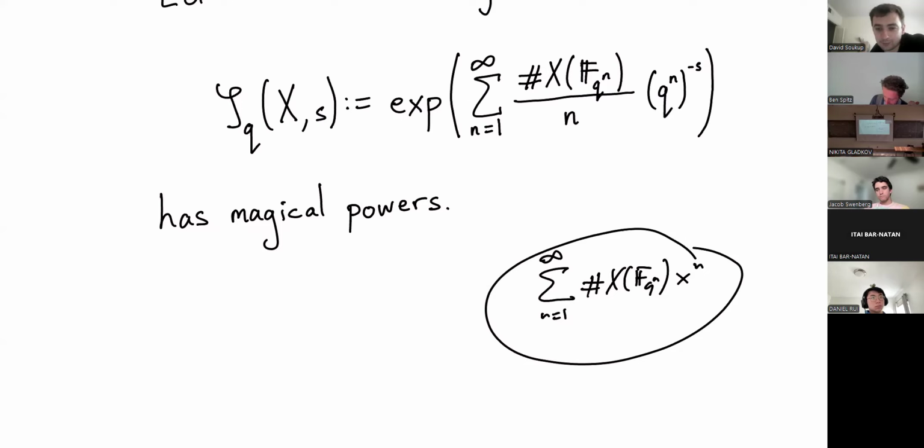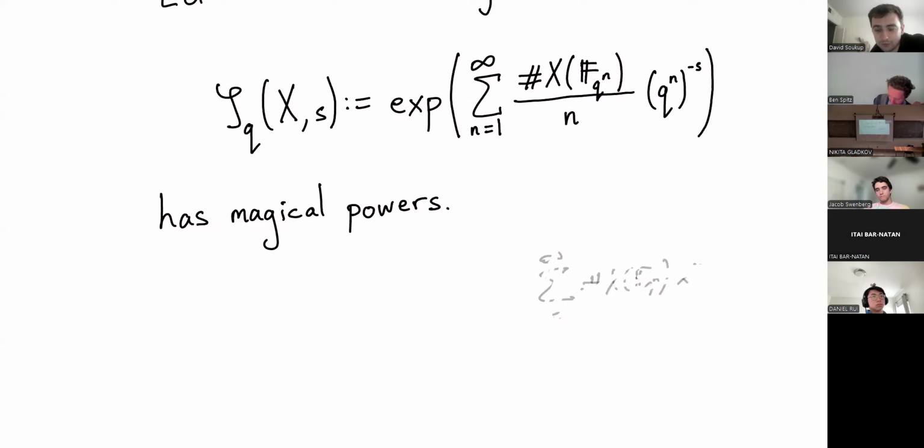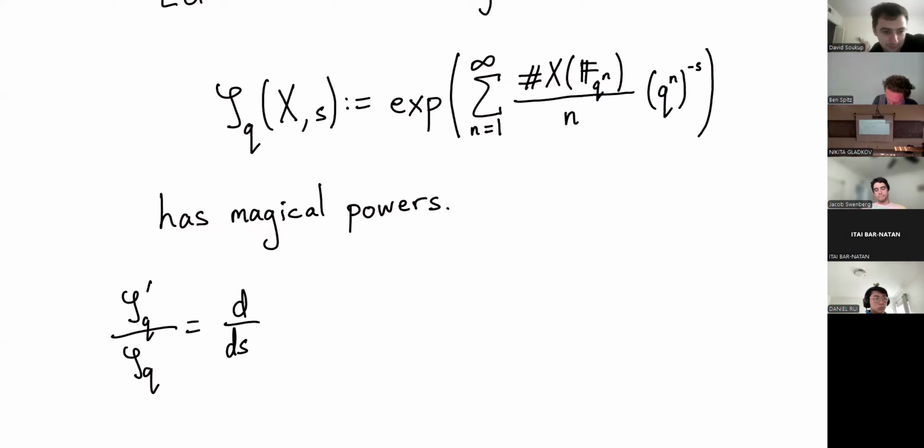And there's something else we can say. The reason I'm dividing by the n is that if I do the logarithmic derivative of this zeta function, by which I mean the derivative of the zeta function divided by the zeta function, in other words, d/ds of log of the zeta function, the log cancels out the exp, and then I do the derivative inside the sum. And don't at me, anyone who does analysis.